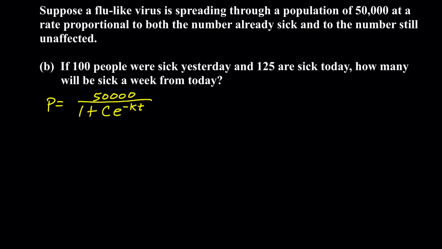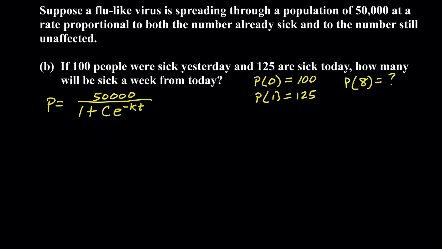So some information that is given, we're going to call yesterday P of 0, our starting population, at 100, which means today is P of 1, and that's 125 people sick. And the question is asking for a week from today. Well, a week from day 1 would be day 8.